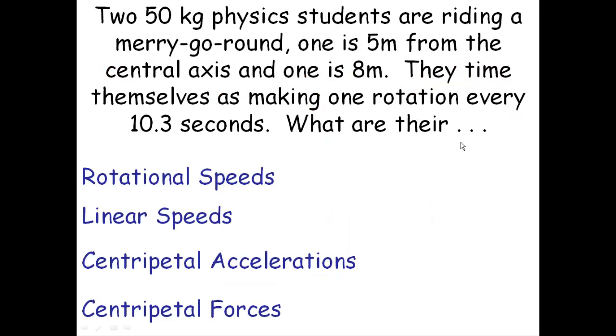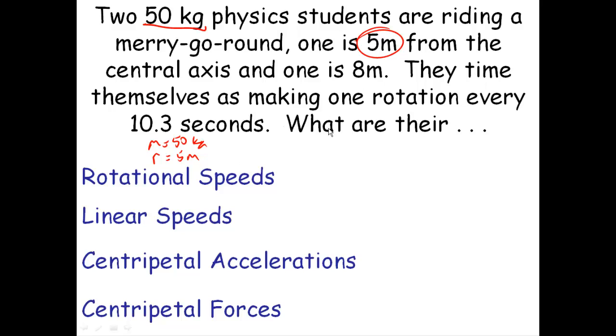So let's finish it up, see if we can solve each of these questions with this particular question. We have a mass of 50 kilograms, we have a student riding on a merry-go-round. Let's just do it for the 5 meter person. The radius is 5 meters.